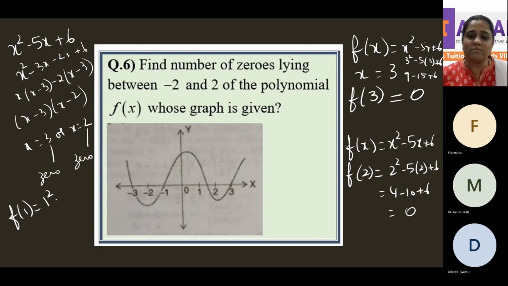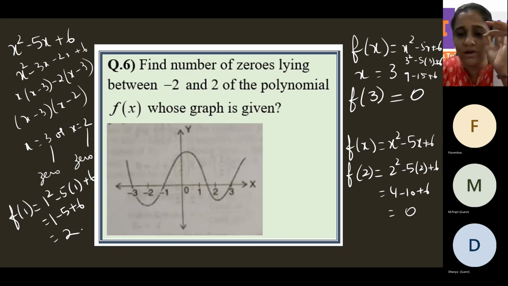It will be 1 square minus 5 into 1 plus 6. So 1 square is 1 minus 5 plus 6. So it is 7 minus 5, 2. You will not get 0. Only for 3 and 2, you will get 0. For other values of x, the value of the polynomial will not be 0. Only when x takes 3 or 2, the value of the polynomial will be 0.